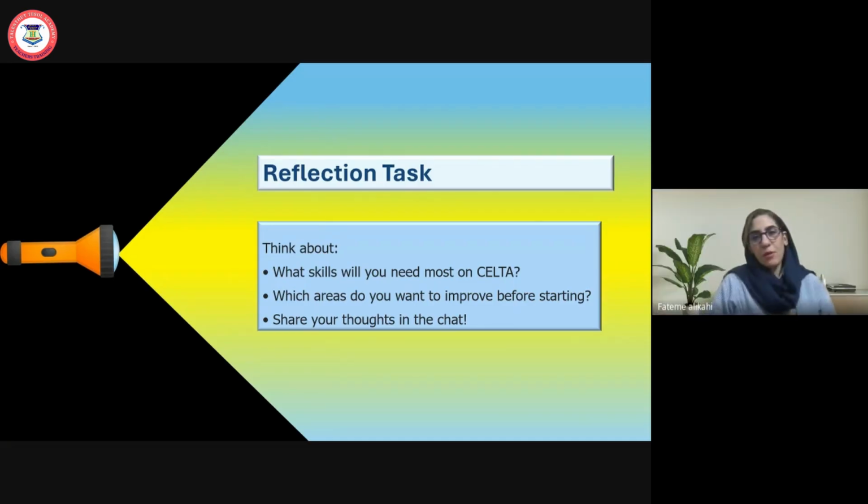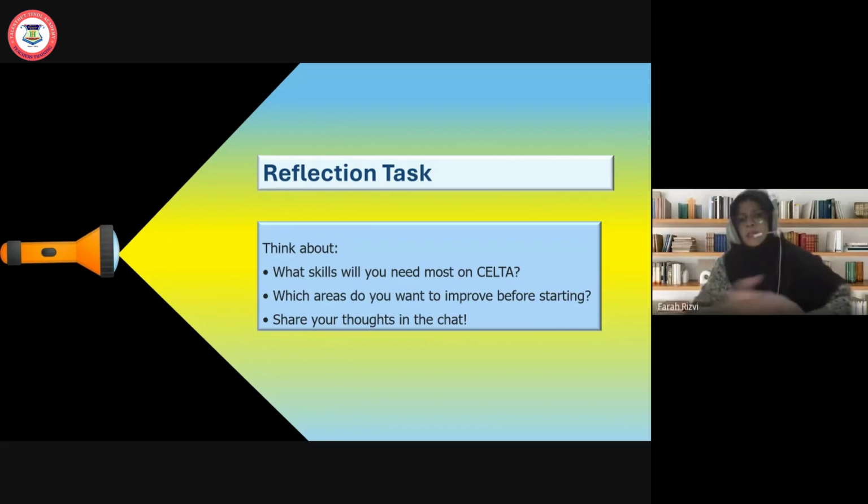Farah, if people wanted to sign up for this test, how should they do that? There's an entry test. First, you will pass that entry test, and then you will have an interview with the CELTA assessor or expert Cambridge trainers. A 45 minutes interview will be done, in which they are going to ask you different questions about your expertise in language, classroom management, and even I have been asked to write an essay in 10 minutes.